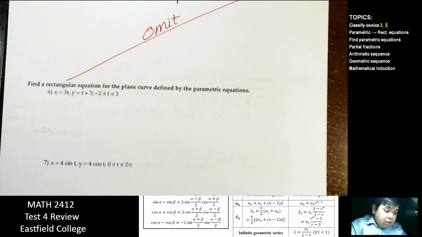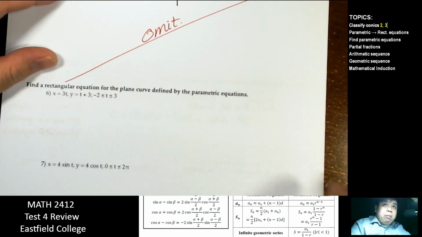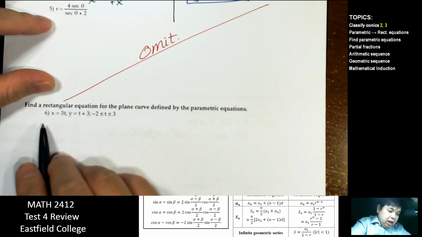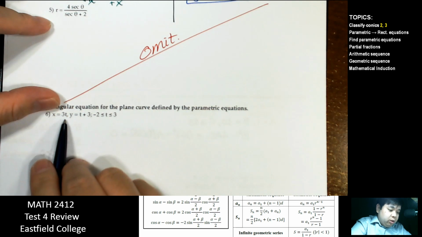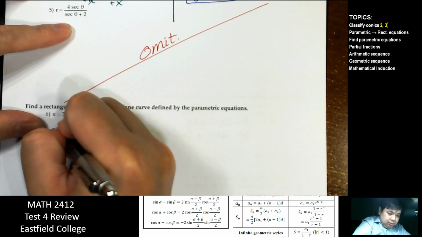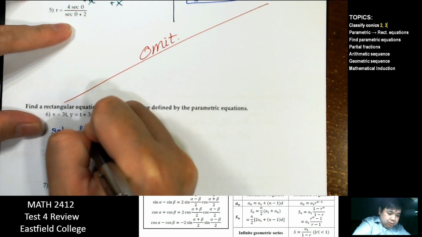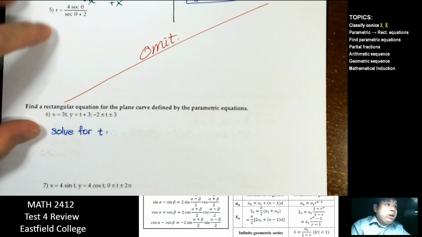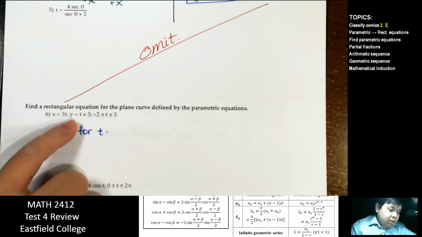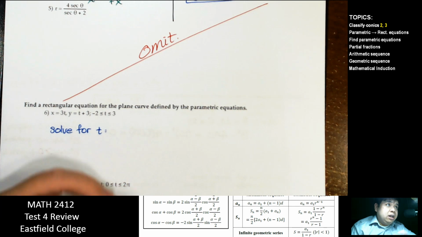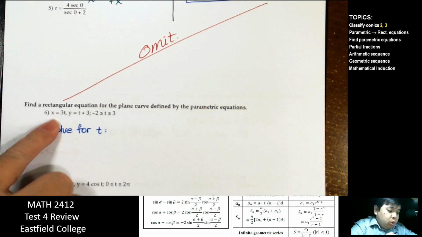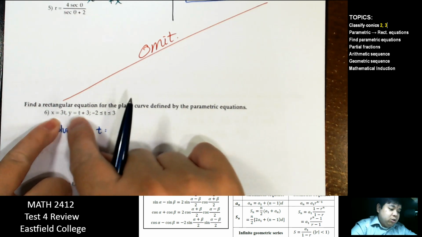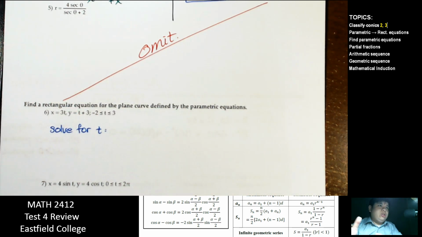Right, next we go to rectangular from parametric equation. So we have this. So what we see is we either solve for t, we can solve for t from either x or y, it doesn't matter. So I probably will solve from x, because when you substitute in here you have y equal to something. That will be better.